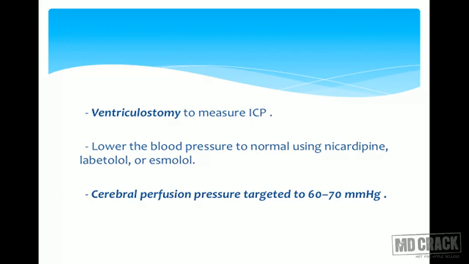To maintain adequate cerebral perfusion, you need to target cerebral perfusion pressure to 60 to 70 mm of Hg. Cerebral perfusion pressure can be calculated with the help of systemic pressure and intracranial pressure. So the difference between systemic pressure and intracranial pressure will decide the cerebral perfusion pressure. We need to target it at 60 to 70 mm of Hg.